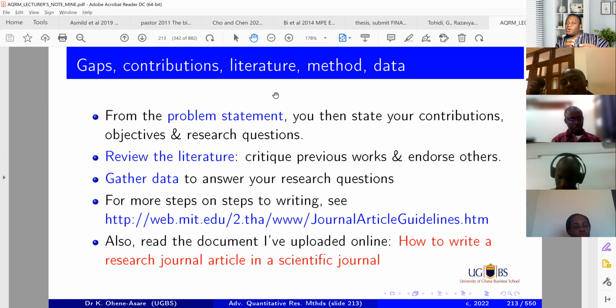So when you are identifying the problem, you say that these people have used that, these people have used this method, but none of them has used this very method. And the reason why this method is important to be used is because of A, B, C, D. So now you stated the problem. What is your contribution?